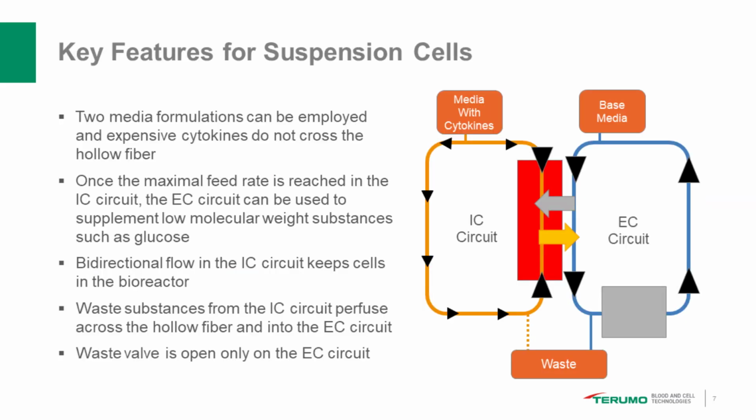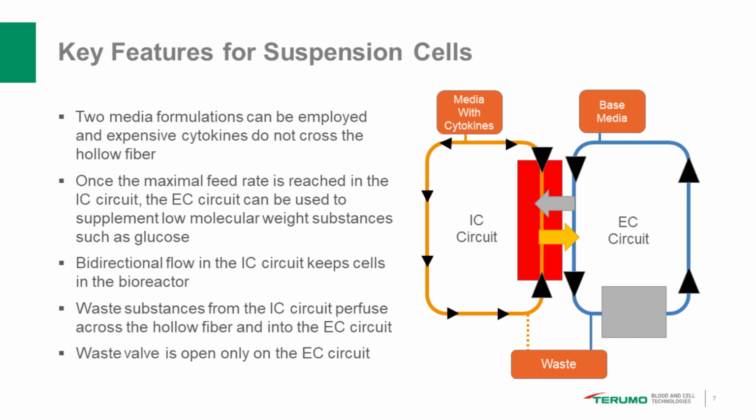So key features for suspension cells then is that you do have that option of using 2 media formulations, and if expensive cytokines do not pass through the hollow fibers, remember that molecular weight cutoff piece. Once maximal feeding rate is reached in the IC circuit, you can employ the EC circuit to supplement low molecular weight substances such as glucose.